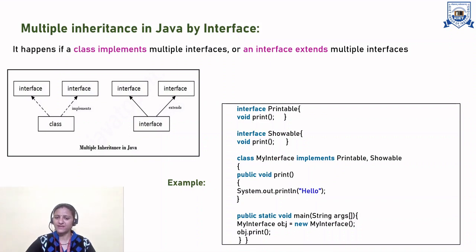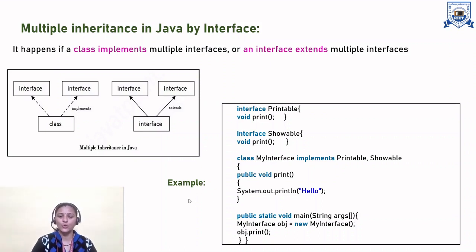Now inside the main, when we made the instance or an object of this class myInterface, this object can call any method that belongs to any of the interfaces, because print belongs to both. So it can call any method from any interface, because this is the class which is giving its own definition.